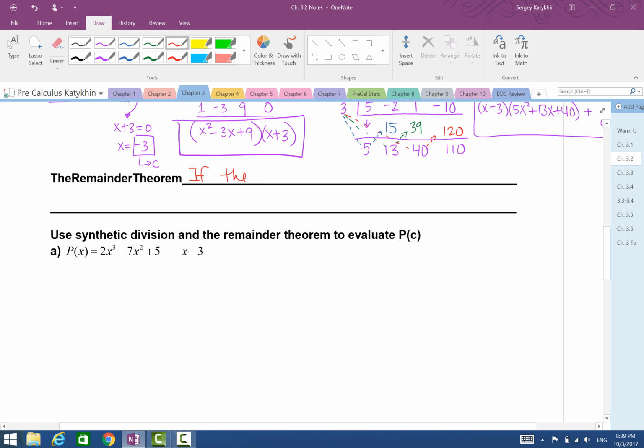If the polynomial p of x is divided by x minus c, which is one of the factors, then the remainder is the value P of C.